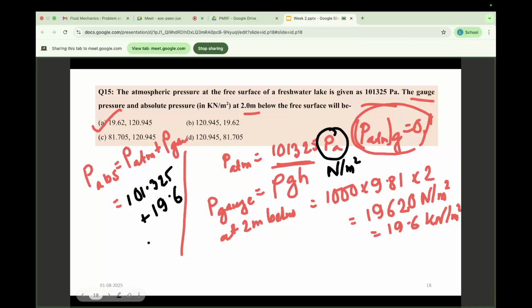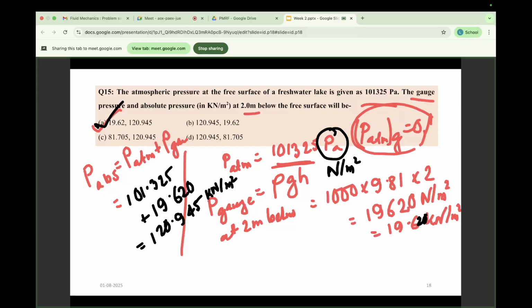So what I will get is 120.945, that is 120.92, kilonewton per meter square. So option A is the answer.